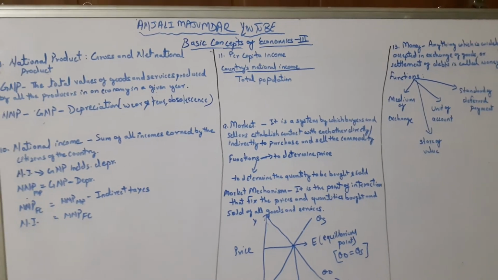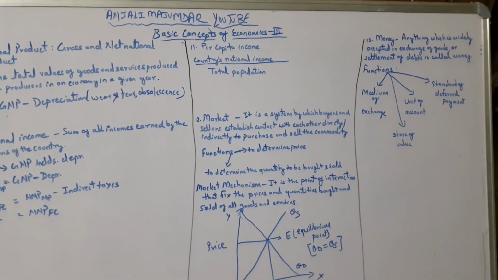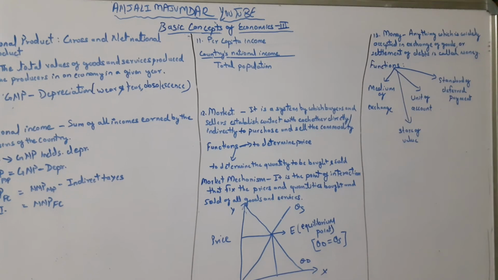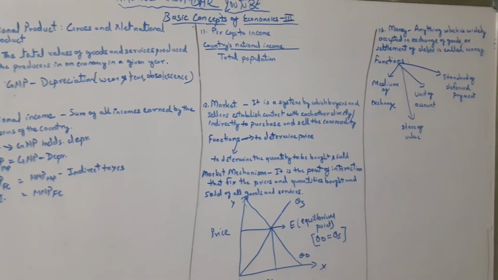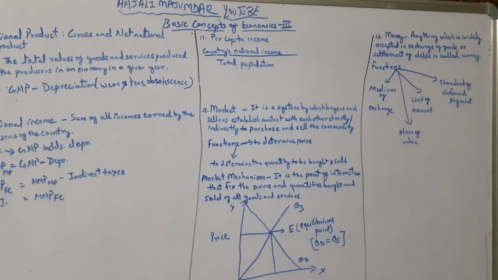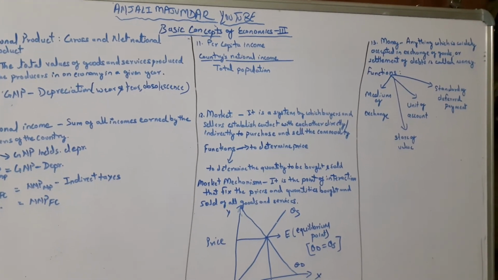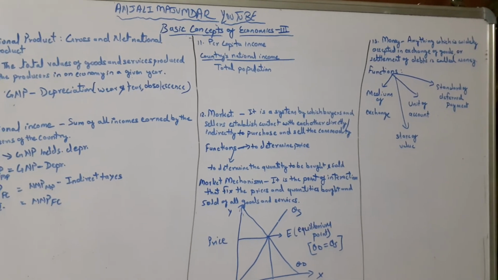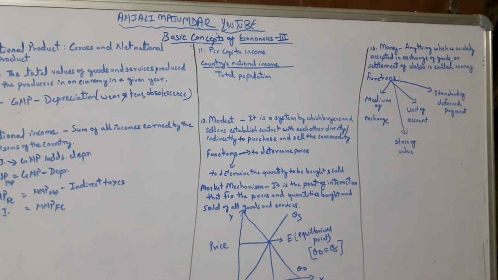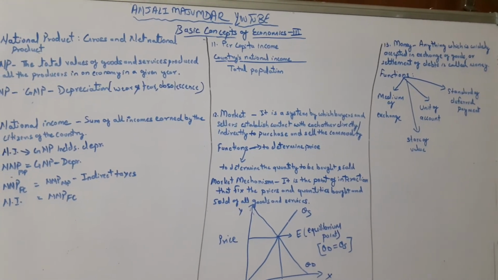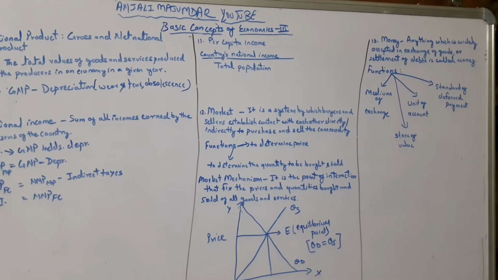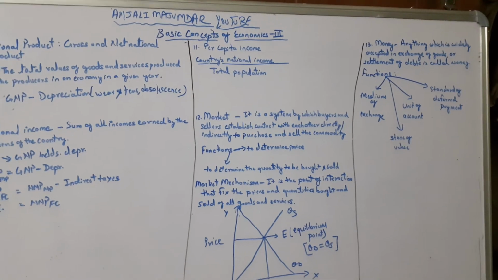But when you calculate with money, all these different units of measurement can be brought down into a common measurement. If you are purchasing 1 meter of cloth at 50 rupees per meter, and you want 2 meters, by calculating 50 into 2, that means 100 rupees you have to pay. So different units of measurement are available, but with money it becomes easy to express them in a common measurement.